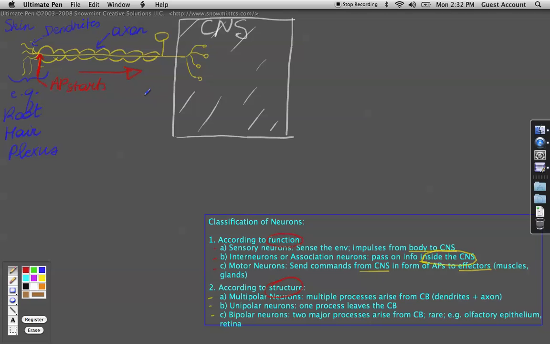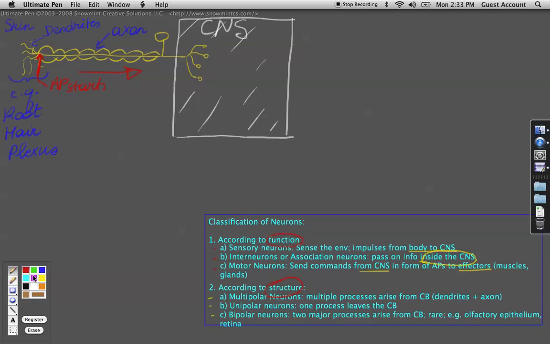So imagine that a bug is crawling on your arm. That bug is going to move the hair follicles, and in response to the mechanical stimulus, mechanical meaning the moving of the hair follicles, ion gates will start to open in these dendrites, creating a change in the resting membrane potential, a graded potential therefore, or many graded potentials.